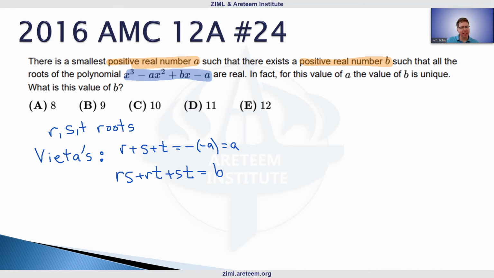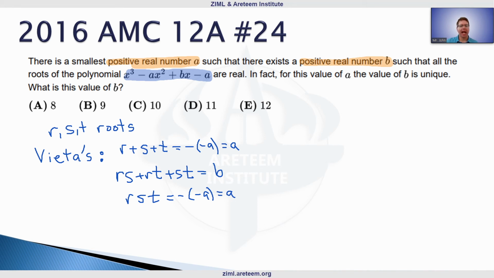And lastly, but not least, products of triples. Well, there's just one triple. RST is, again, we alternate negative, positive, but because we have negative a's there, we have the sum of the roots is a, the product of pairs is b, the product of all the roots is a again as well.